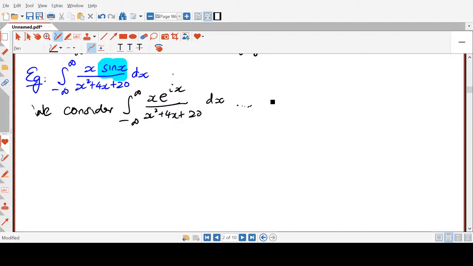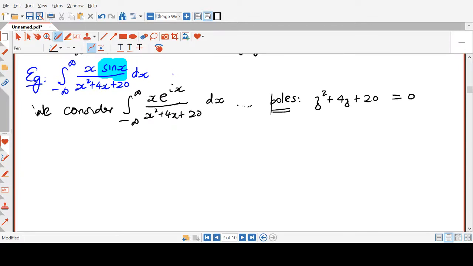So you can say the poles, where the denominator is 0, will be where z squared, we convert to z now, z squared plus 4z plus 20 is 0. The first problem is to work the poles out. What are the poles going to be? Well, there are several ways to do this. You can hit this with the quadratic formula if you like. You can hit it with Moivre's theorem if you like.